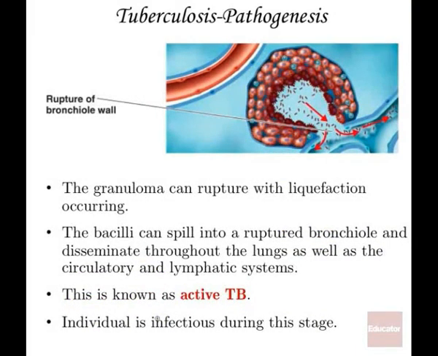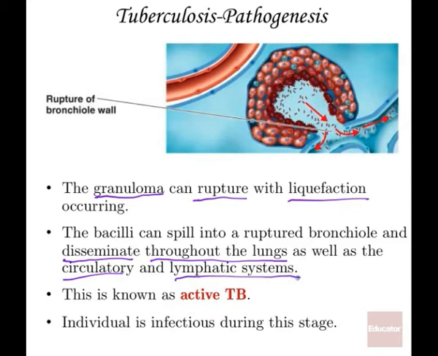Now, what about the active disease? Well, if you can imagine, if that granuloma, for whatever reason, becomes activated, it can rupture, and we can have what's called liquefaction. And that rupturing can then lead to dissemination of the bacteria throughout the lungs, into the circulatory system, and also into the lymphatics.